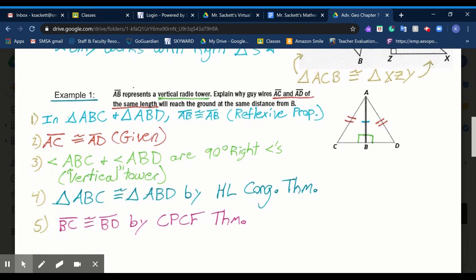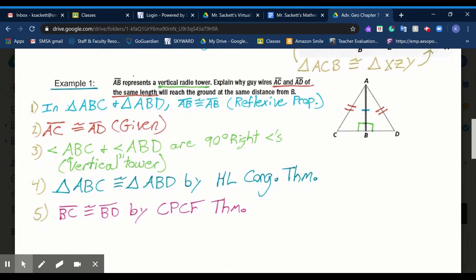So we have three examples to look at today. The first example is a logical verbal proof. The other two are more T-chart standard justification conclusion proofs. In example one, they told us segment AB represents a vertical radio tower. The key word in there is vertical.